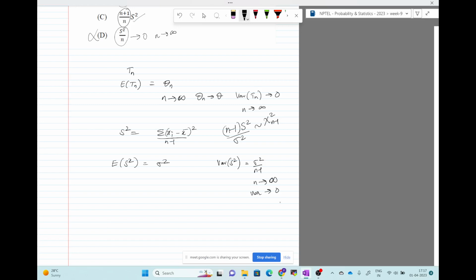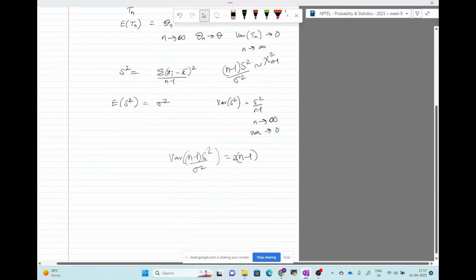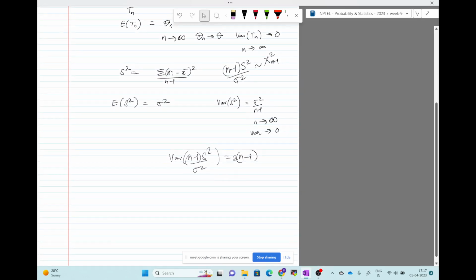So then the variance of this random variable is 2 into n minus 1, you said. Okay, so what is the variance of a constant times a random variable?